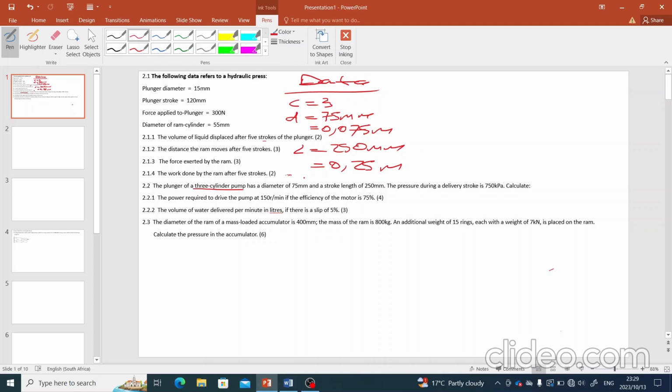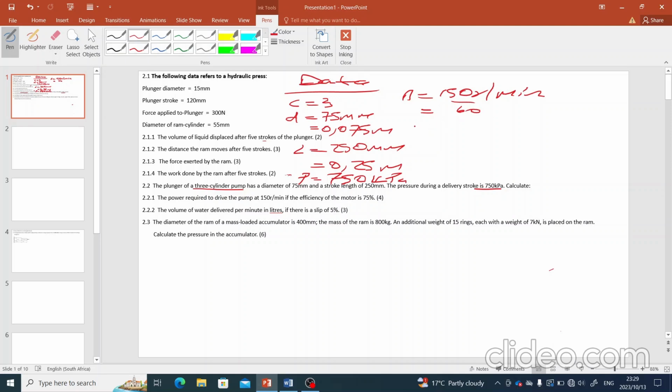Then we are given pressure as well. There it is, the pressure. It is 750 kilopascal. Now the first question that they want us to calculate is the power required to drive. We are further given N, which is 150 r per minute. In seconds, it will be divided by 60.